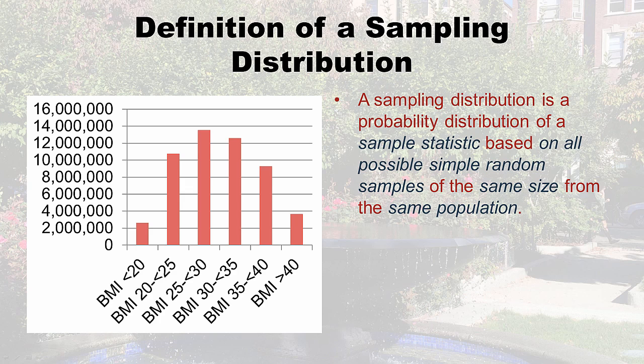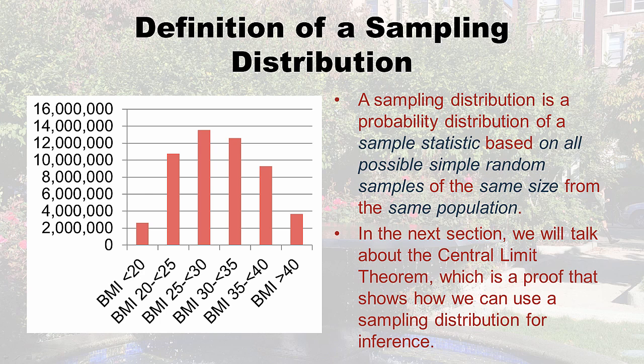The official statistical way of saying it is that a sampling distribution is a probability distribution of a sample statistic, in this case x bar, based on all possible simple random samples of the same size from the same population. That's what makes it a sampling distribution and not a frequency distribution.